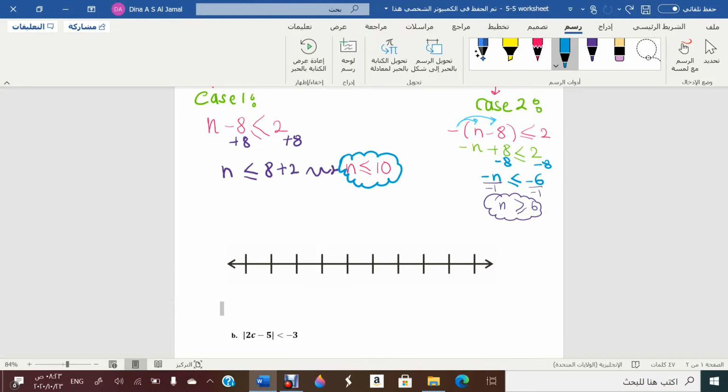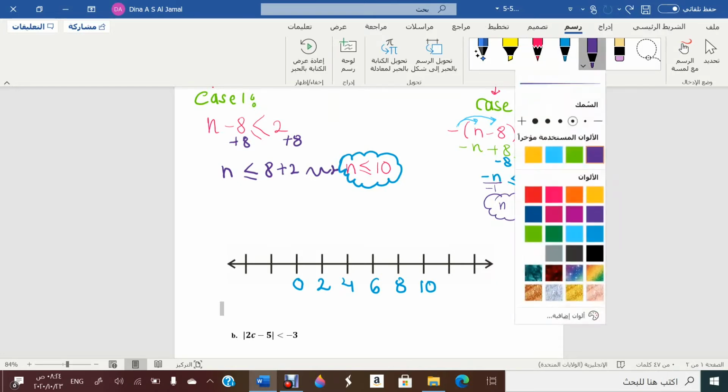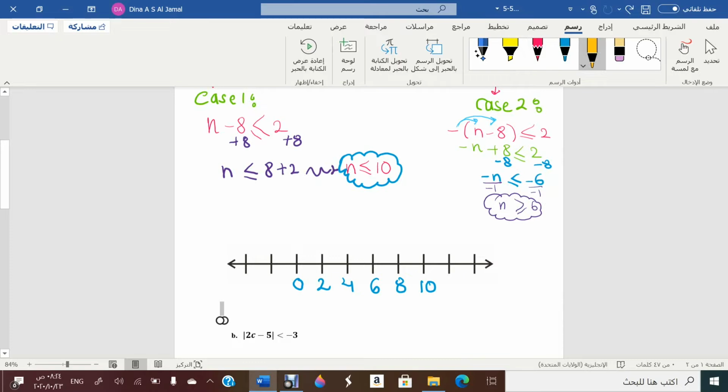So remember always, whenever you want to graph on the number line itself, you have to put the numbers on these digits upon your need. So 0, 2, 4, 6, 8, and 10. And let's stop here. You can continue, but for me, until here, it is okay. So I want the number 10, and pay attention, whenever you have equal here, you will be having a closed point or circle.